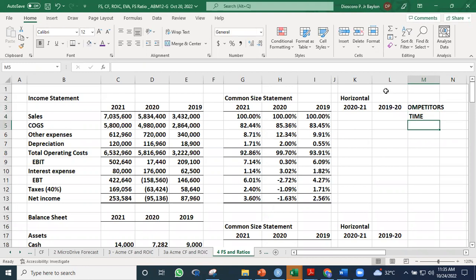Okay, so there are two things that we need to look at. Competitors and time. What do we mean by that? So is this 3.6 net income, we call this a profit margin. Itong net profit margin natin na 3.6, okay ba siya? Is it good? Okay, we need to look at it from two perspectives.